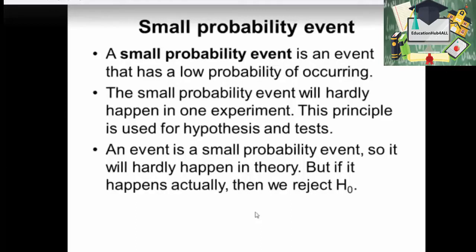This event has a very small probability of happening. This principle tells us that if I only make one experiment, it is less likely to happen, because the probability is only this. So if I draw one sample, I only make one experiment, and I can say this event cannot happen.